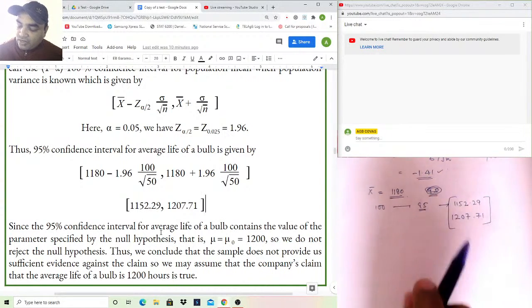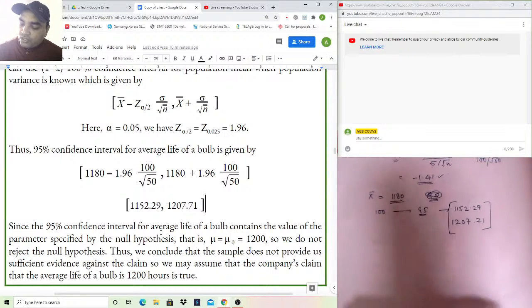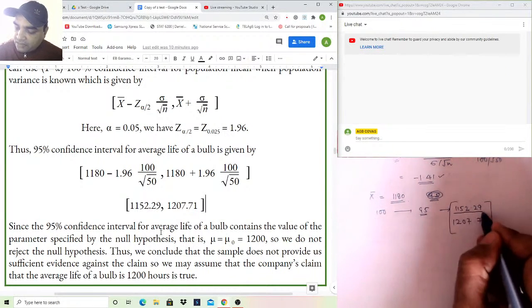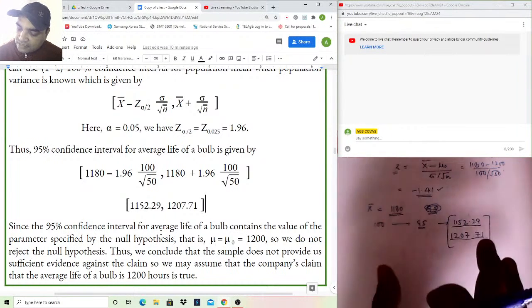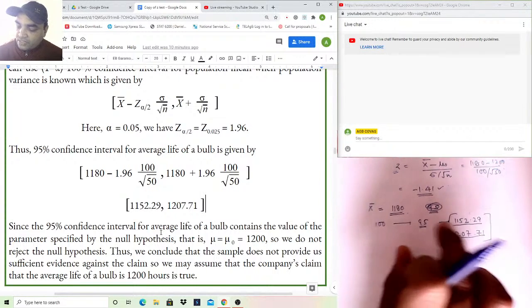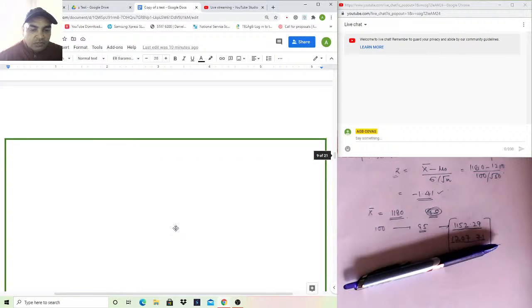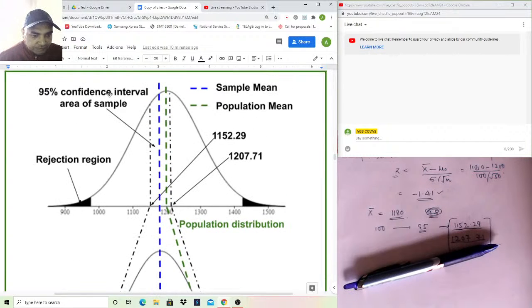That is, out of 100 times you take 50 samples, 95 times the value of your mean will reside between this value and this value. So this is the concept of your confidence interval. Now I will show you this with a figure. So this was your population.